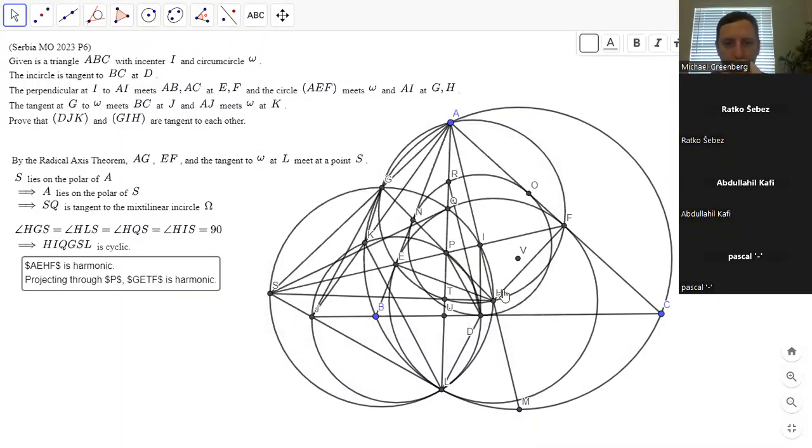And then if we project through A, then we get GBLC is harmonic.